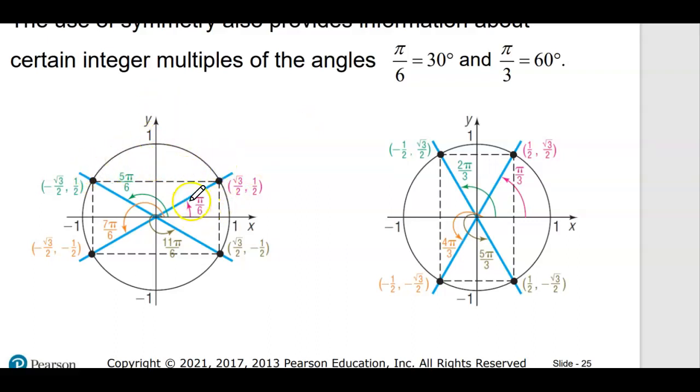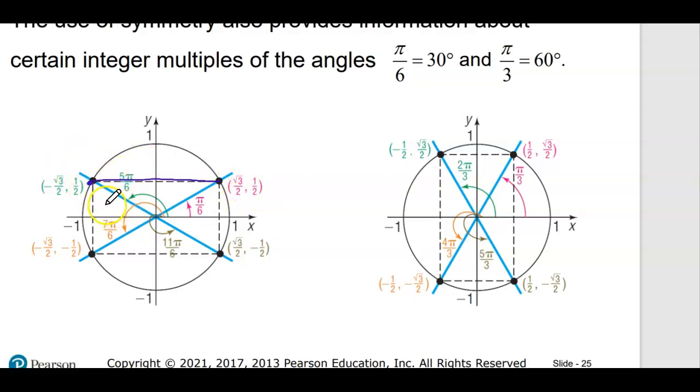So at pi sixths, which is 30 degrees, if I reflect that point over the y-axis, now this is in radians, so that's going to put me at 5 pi sixths. And so those values are going to be the same initial values, but the signs are going to change as you change quadrants.